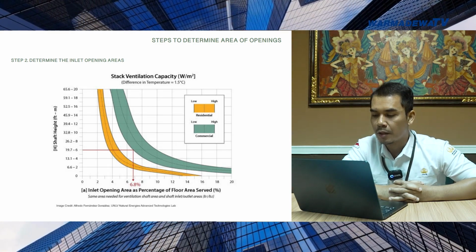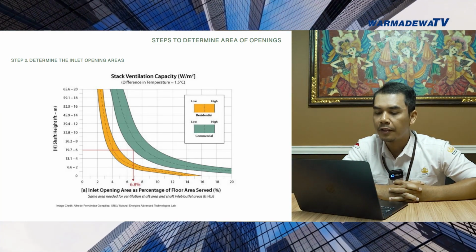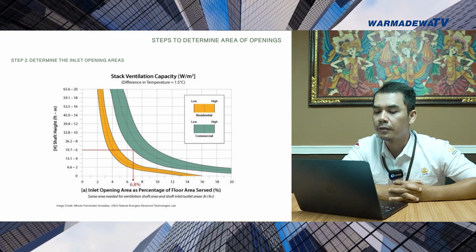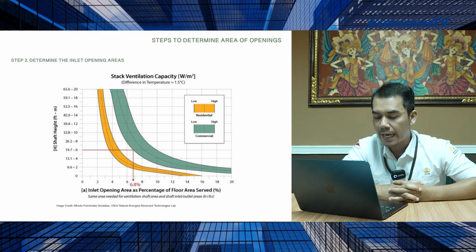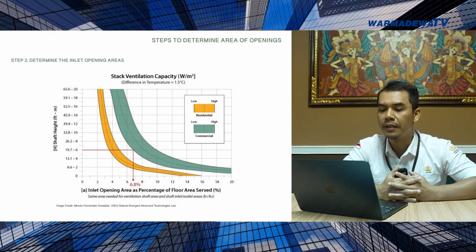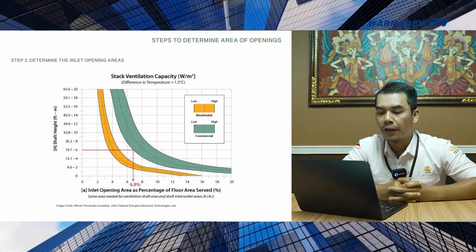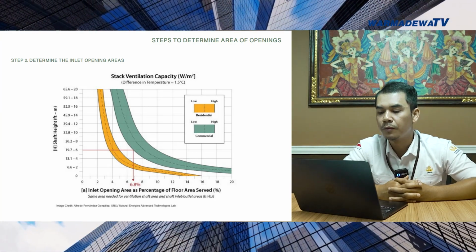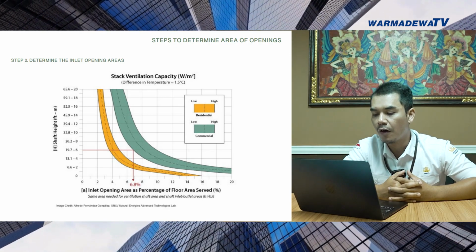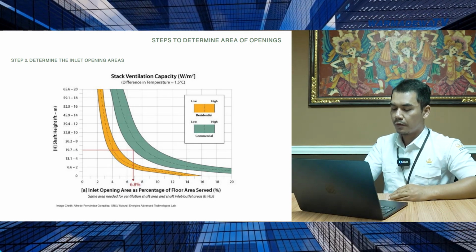Now, if we are designing a building that is commercial, we must take that straight line until it hits the commercial S-curve, and then from there we can take a straight line vertically down to show how many percent of the floor area should be the size of the inlet openings. In this case, it shows that for a 6-meter height shaft, we would need the size of the inlet opening to be 6.8% of the floor area of that room that is served.